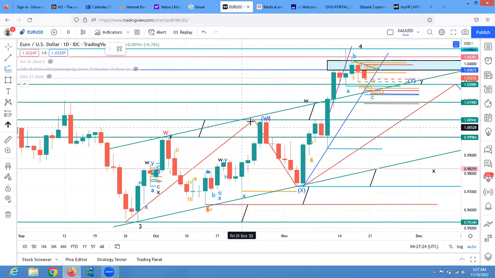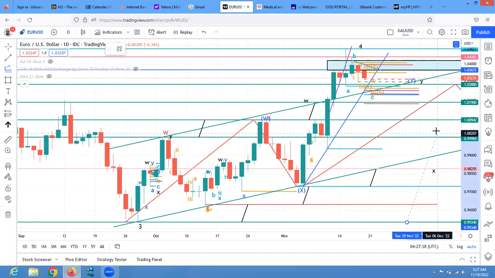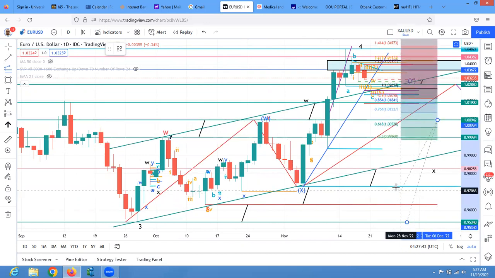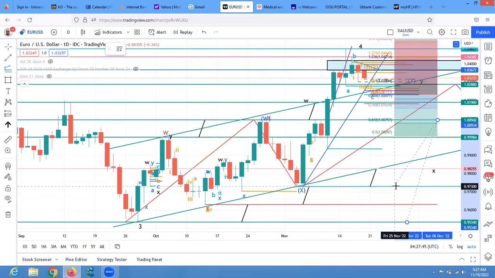So this is like an A and a B, and we want to see how far we've gone in terms of that correction. This as the first wave of A, and this as the second wave of B.